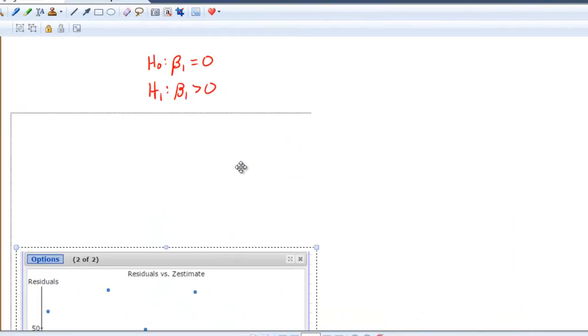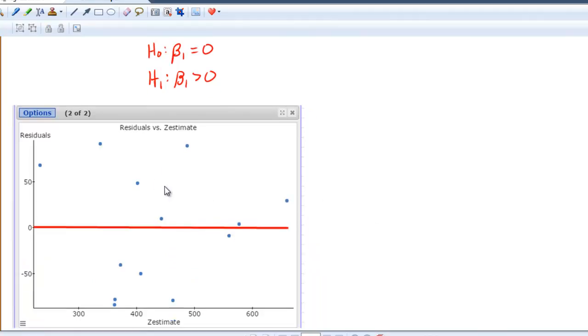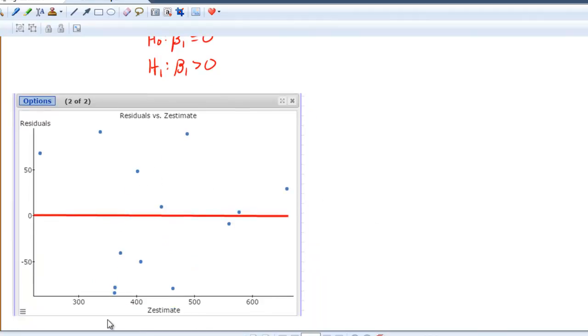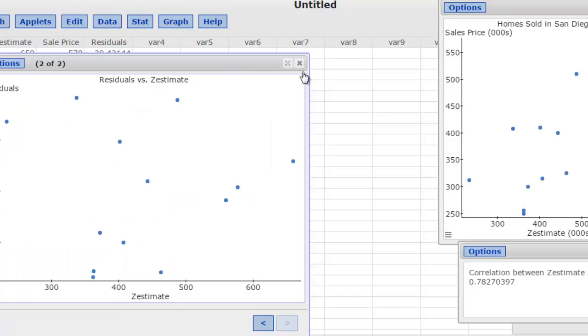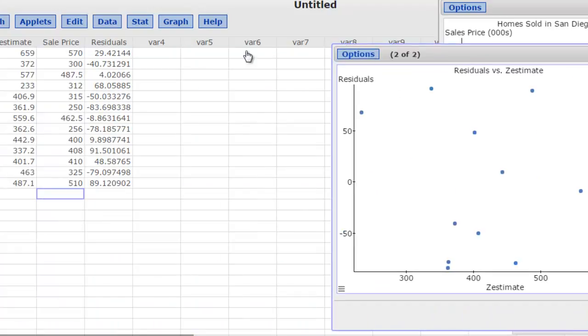The other thing, and that was section 4.3 where we covered this idea, is that we needed the residuals to be approximately normally distributed with no outliers. That's the reason that I had StatCrunch save my residuals, because all I have to do is draw a QQ plot of my residuals to check for the normality condition, and then draw a box plot of the residuals to check for the outlier condition.